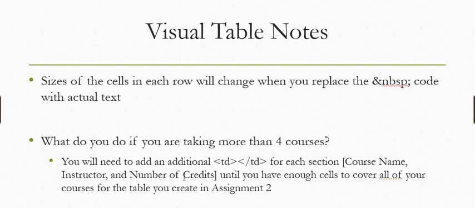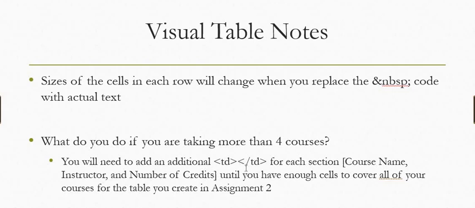in assignment 2. So if you need 6 specific courses that you're taking, you will have to add 2 more of the table data cells. If you only have 1 more, you only need to add 1 more. If you have 7 courses, you're a great young scholar, you're taking 7 classes, you would have to add 3 more.